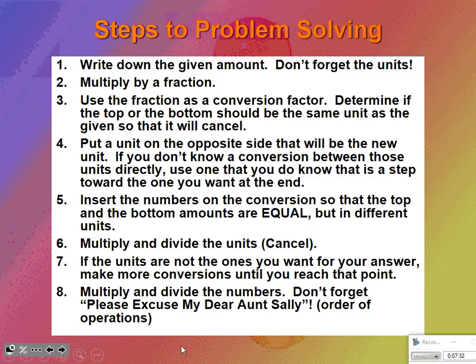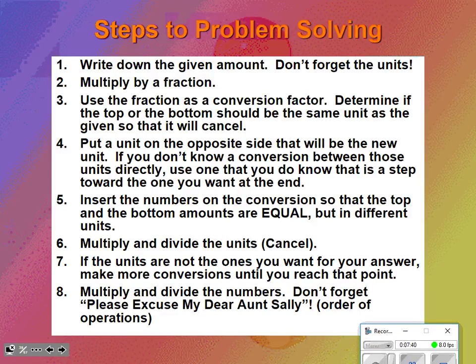Now, you need to go ahead and write this down because this is how we do these conversions. As we are going through and reading this, it's sort of a step-by-step explanation of how to solve these. I know a lot of the times folks want concrete directions.